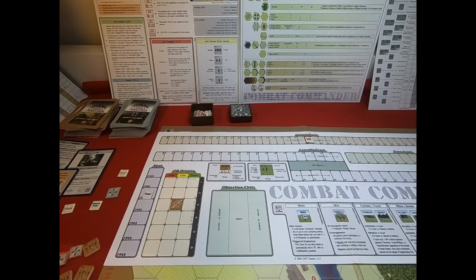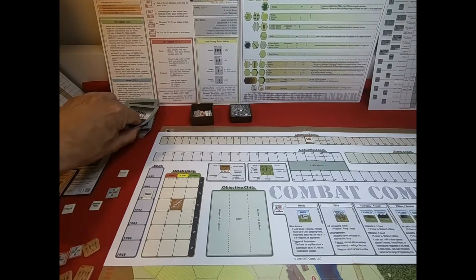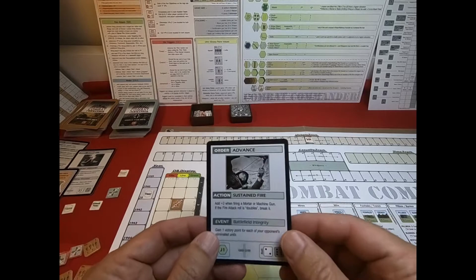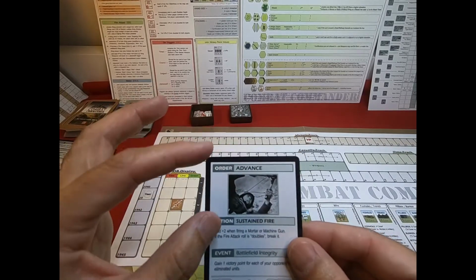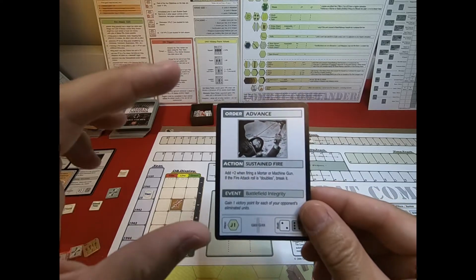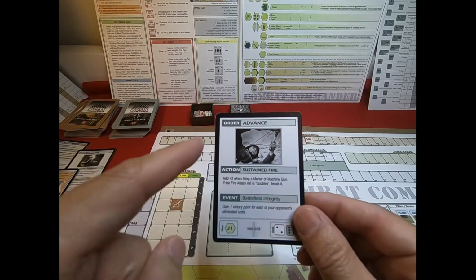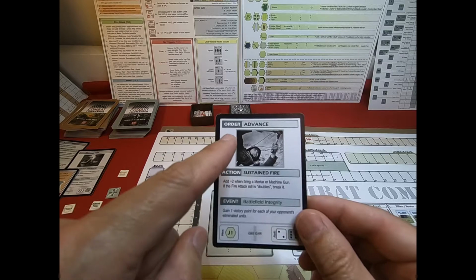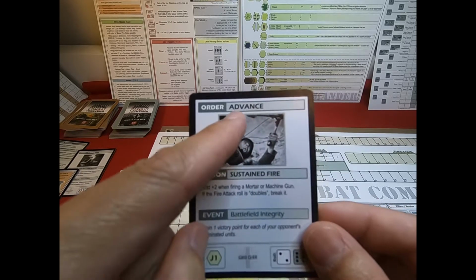Please remember that when I'm speaking about orders, I mean the top part of each card. You can divide each card into 3 parts. The first one is called order, in this case advance.